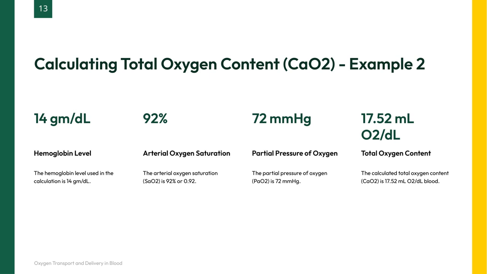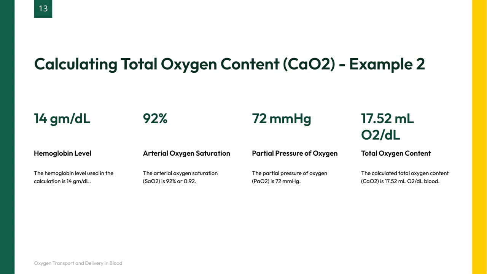Moving on, the arterial oxygen saturation, or SaO2, is 92%, or 0.92. This tells us that 92% of the hemoglobin binding sites are occupied by oxygen, which is a healthy level but slightly below full saturation. Finally, the hemoglobin level used in our calculation is 14 grams per deciliter.